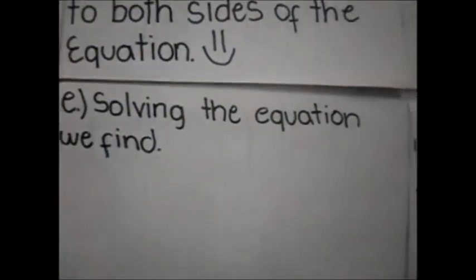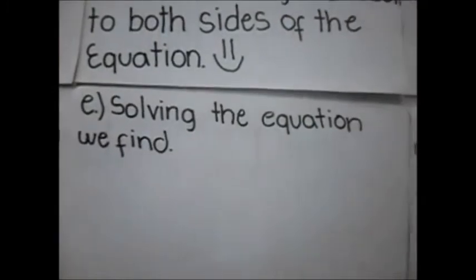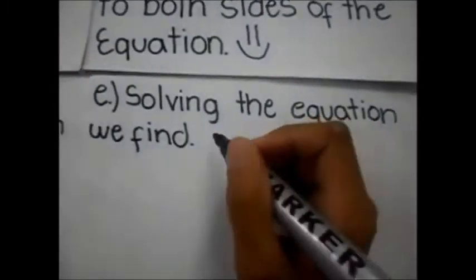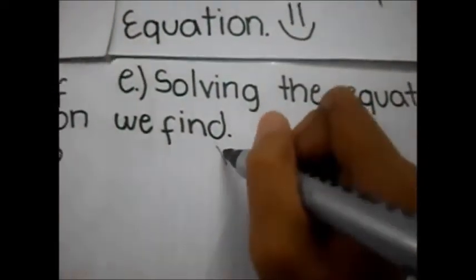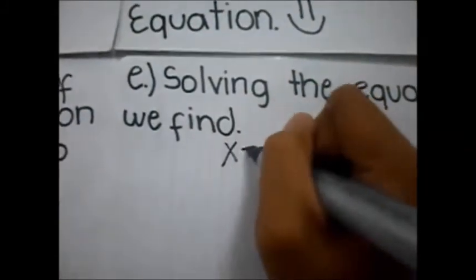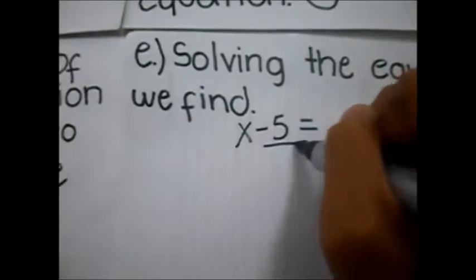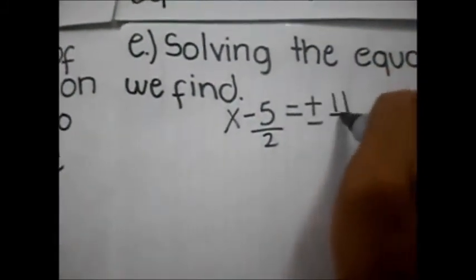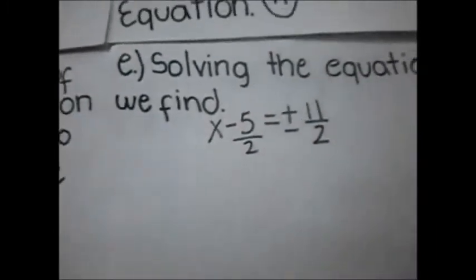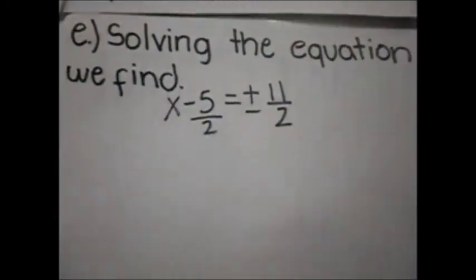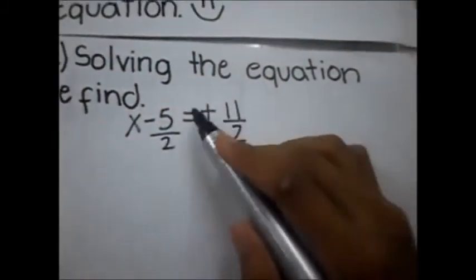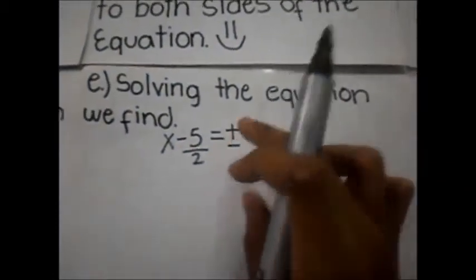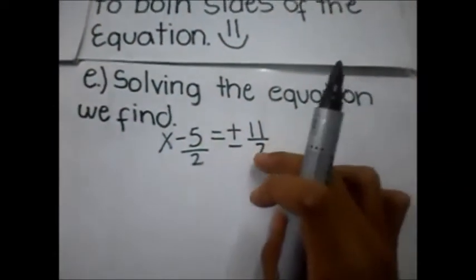The last step is to solve the last equation we get, which is x minus 5 over 2 equals positive negative 11 over 2. We need to solve that because the equation has a positive and negative sign on the constant here.